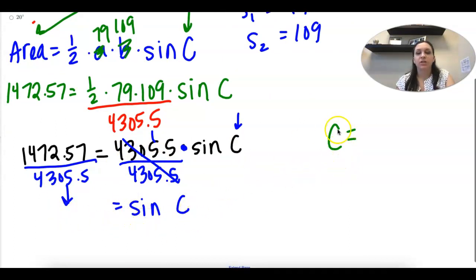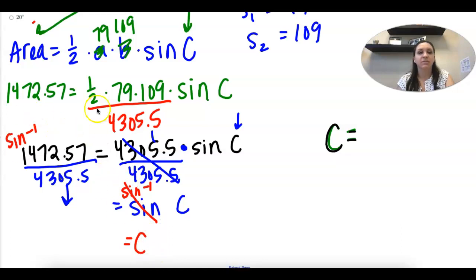Remember, I just want C. I don't want sine of C. So the opposite of sine is sine inverse. I'm going to take sine inverse of both sides, and now I just have C. Alright, so this whole thing goes in your calculator.